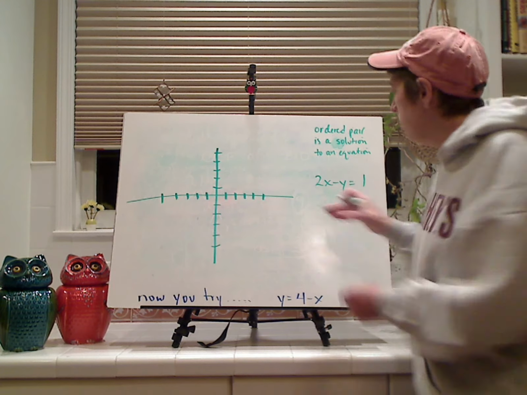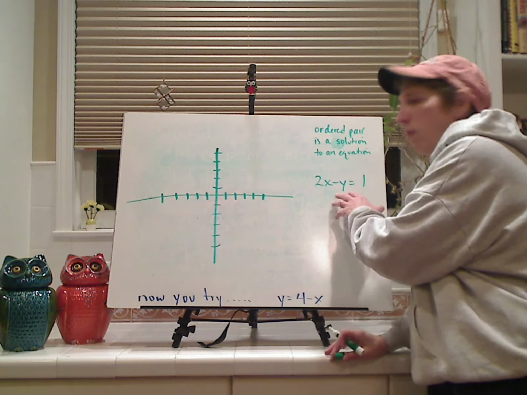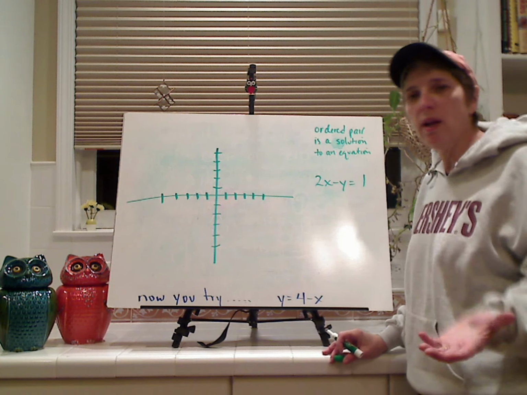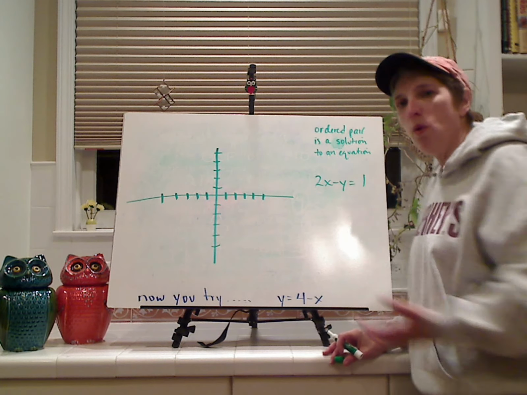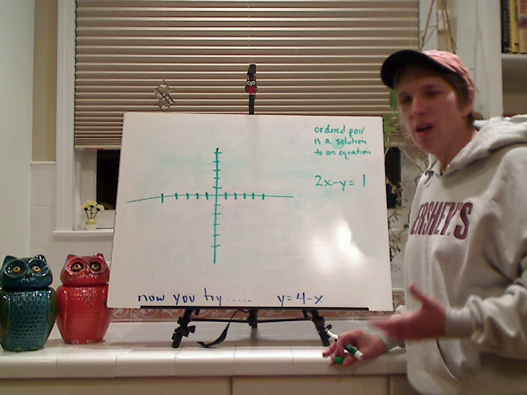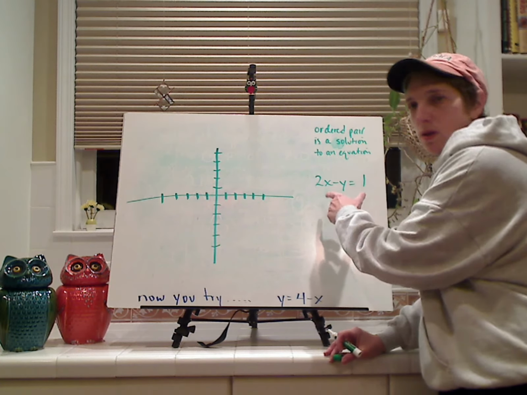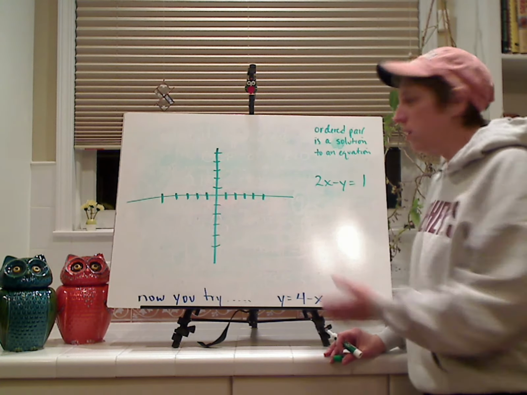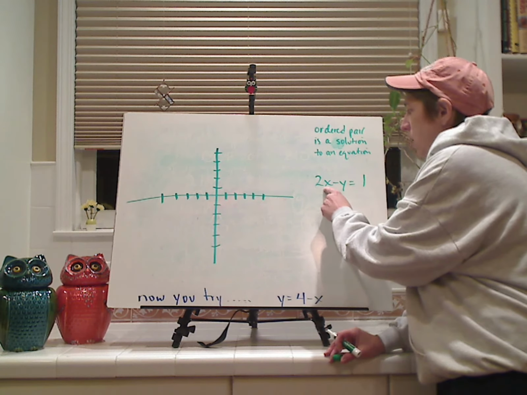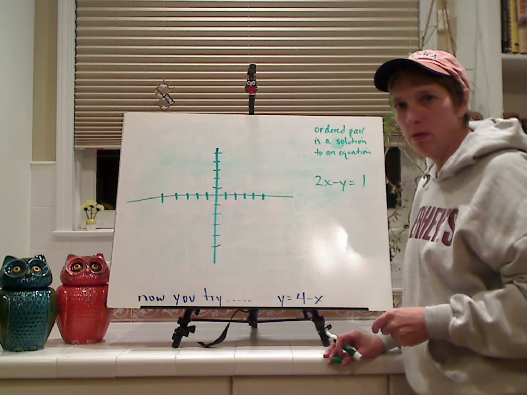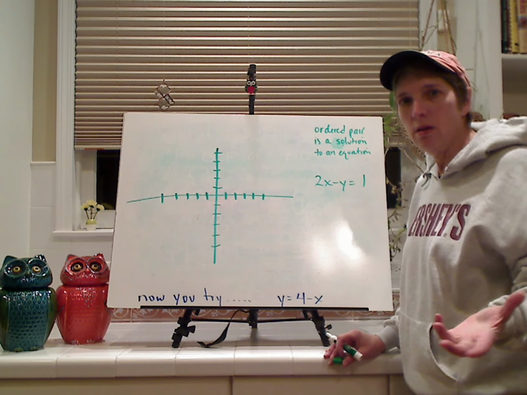So there are many solutions, and I hope you can see that whatever value I pick for x, I can pick anything I want to, I can find out what y is and vice versa. But I'm just going to stick with x because the coefficient of x is 2. So if I said x is 100, then 2 times 100 is 200, and 200 minus what will give me 1? 199.